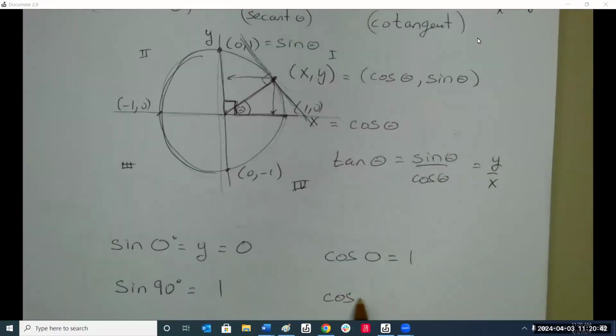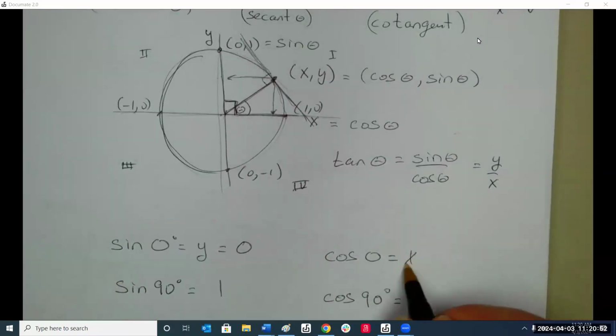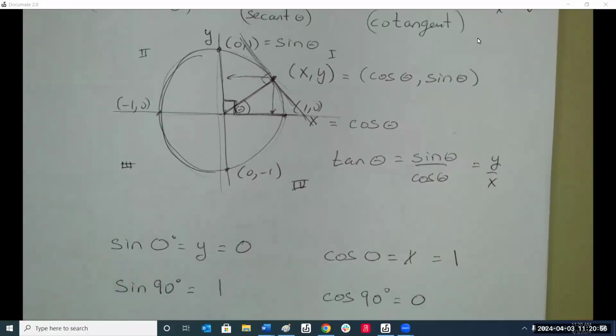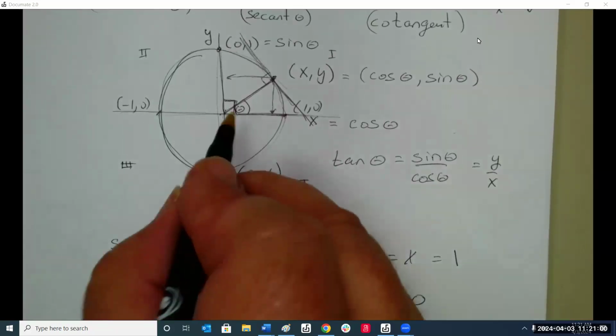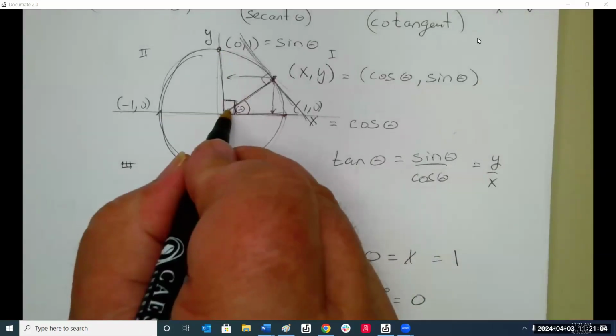What's the cosine of 90 degrees? It's the x value. Remember, sine deals with y, cosine deals with x, the x component of that graph. So from the horizontal line to straight up is 90 degrees.